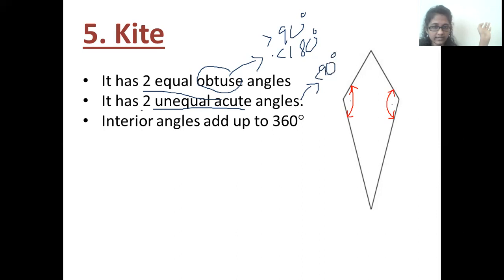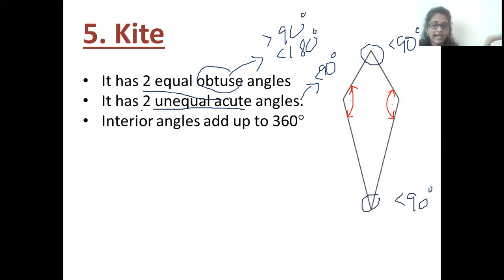These angle types I discussed in part 1, so for further details, you can refer to the part 1 video. Okay. So as you can see here, these two are unequal and less than 90 degrees. So these two are not equal, so these are the unequal acute angles.